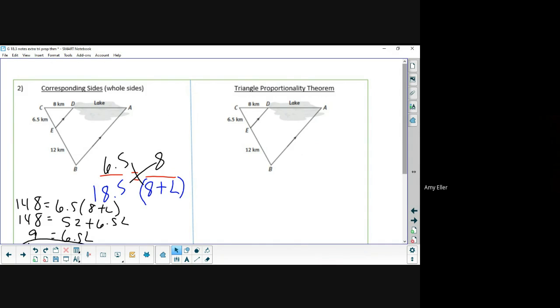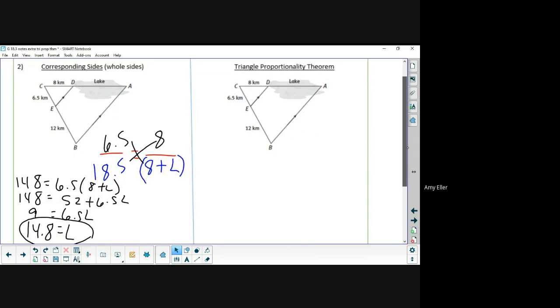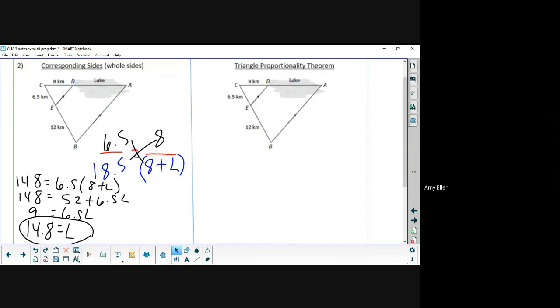Go back up to this problem, number 2. The shortcut is, instead of picking small triangle, large triangle, small triangle, large triangle, you don't actually have to pick a full side. The shortcut is really nice. It's just this. This small part to this part, and this part to that.